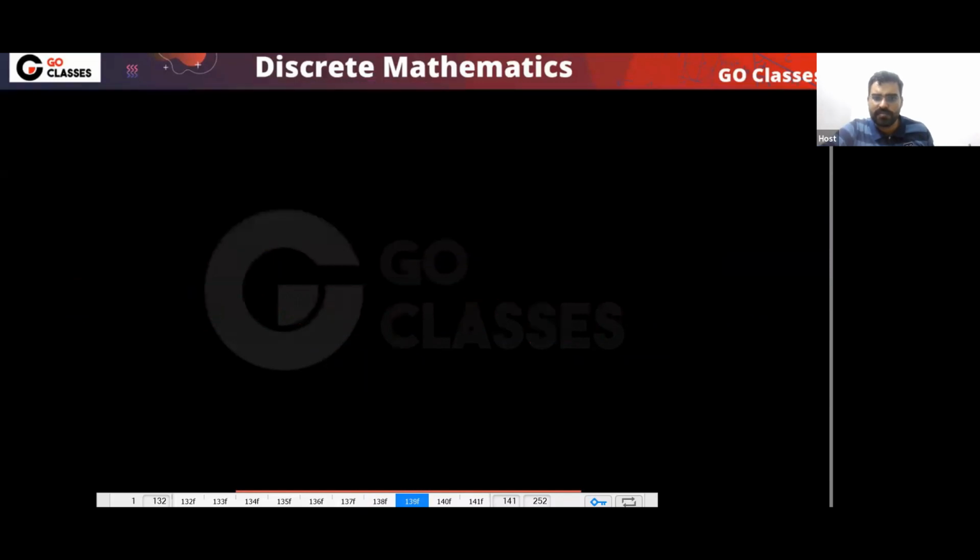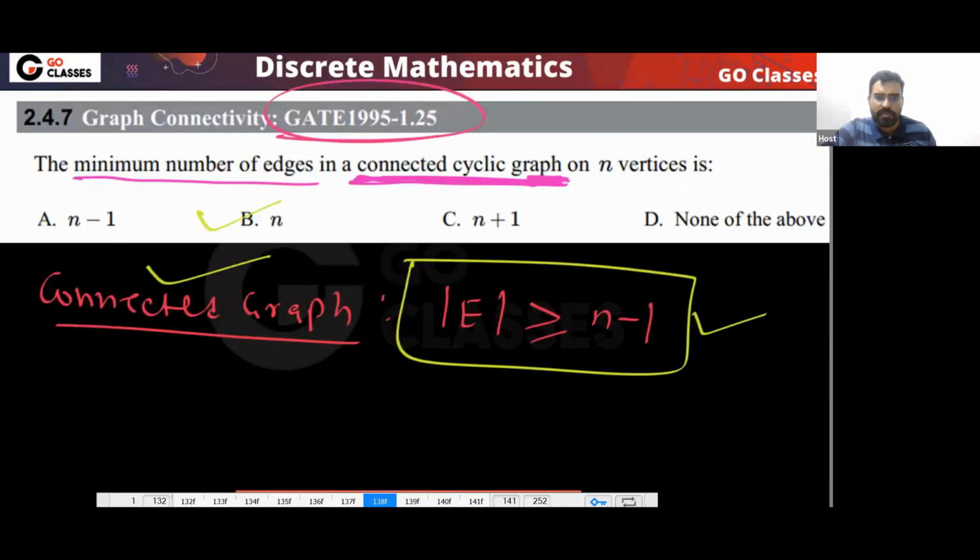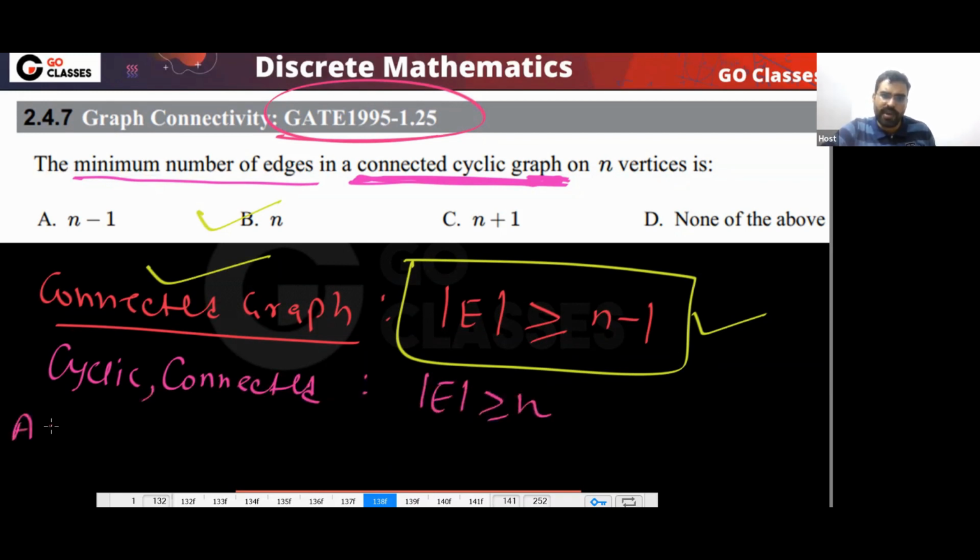This we have already seen. So very simple. If the graph is connected and cyclic, then the number of edges will be greater than or equal to n. And if your graph is acyclic and connected, that is a tree. For that, the number of edges will be n minus 1.